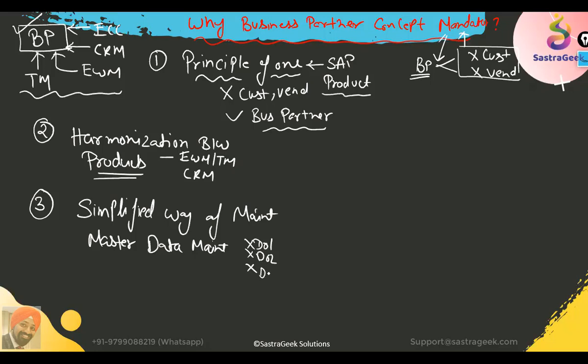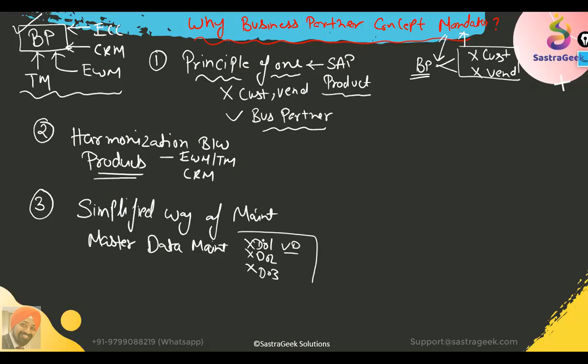Display different, create different, change different, XD transactions, VD transactions. Altogether, there are around 9 to 12 transactions which we require to maintain the data.